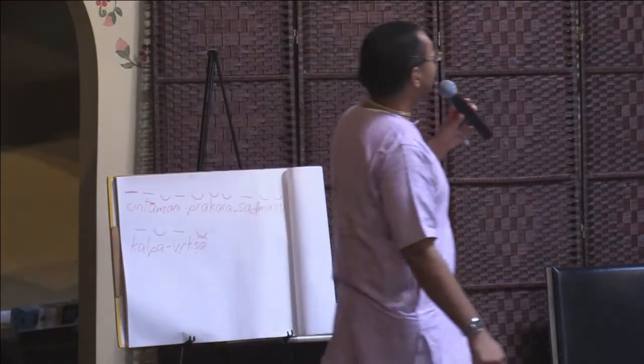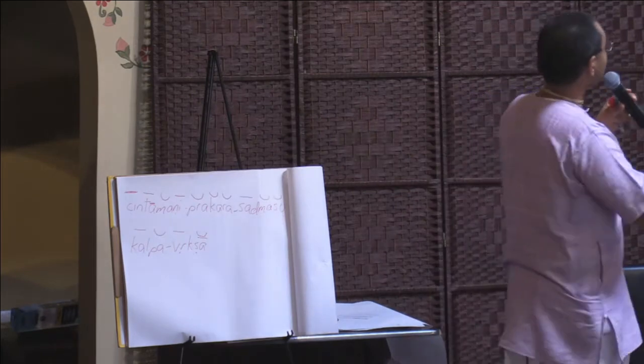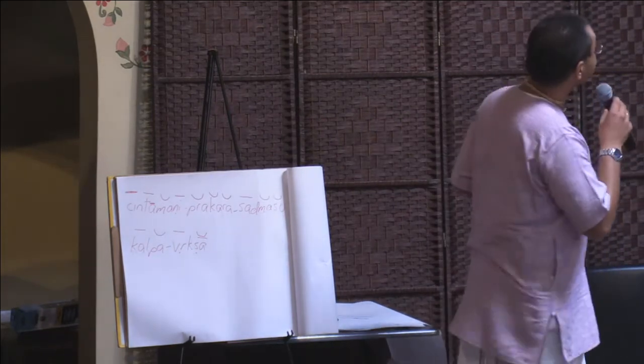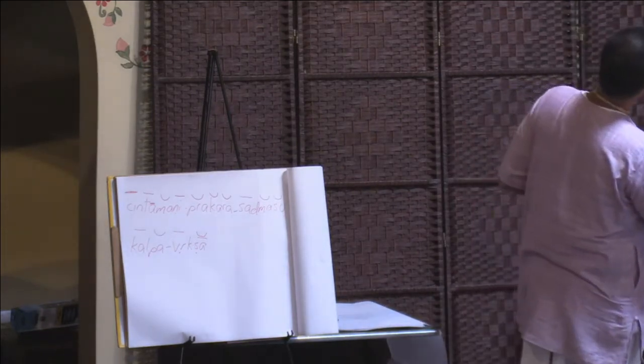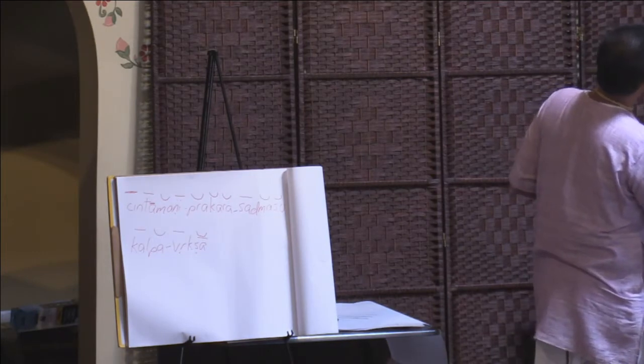Okay? So now if we move to the handout that shows all the metrical patterns. Yes, this one here. So this is a list of the major meters in the Sanskrit language.